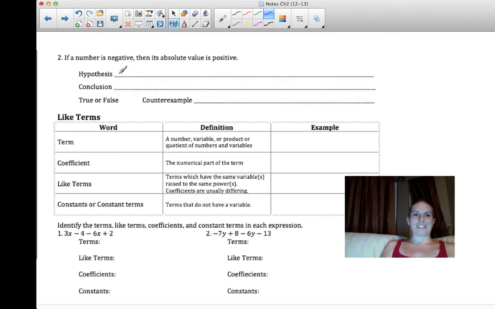Alright, here's your explanation. If a number is negative, then its absolute value is positive. The hypothesis: the number is negative.